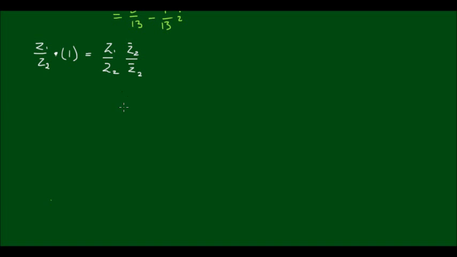So we're multiplying the top and bottom by the complex conjugate of z2. Okay, so if z2 is equal to some complex number a plus bi, then z2 bar, the complex conjugate, is equal to a minus bi.